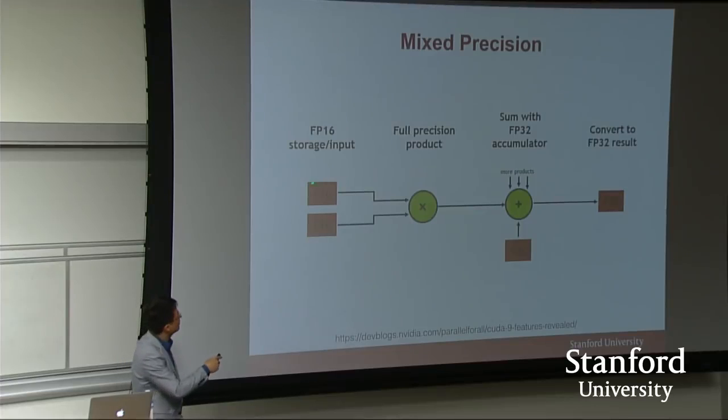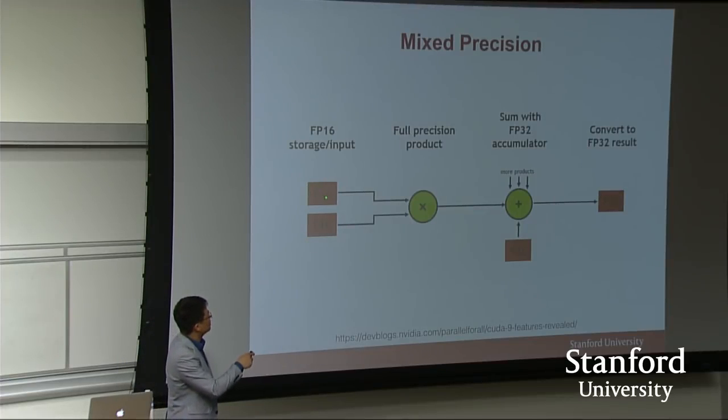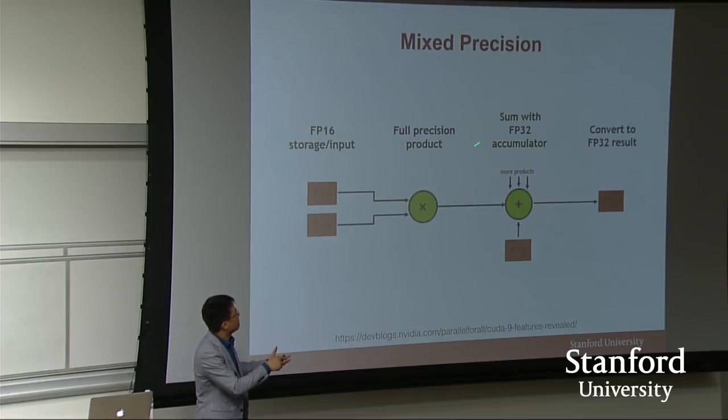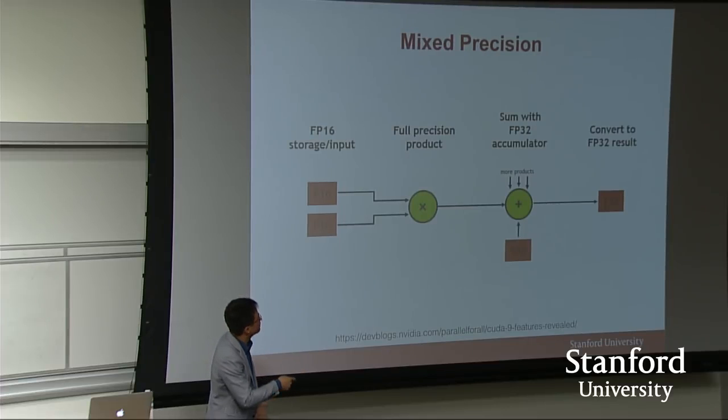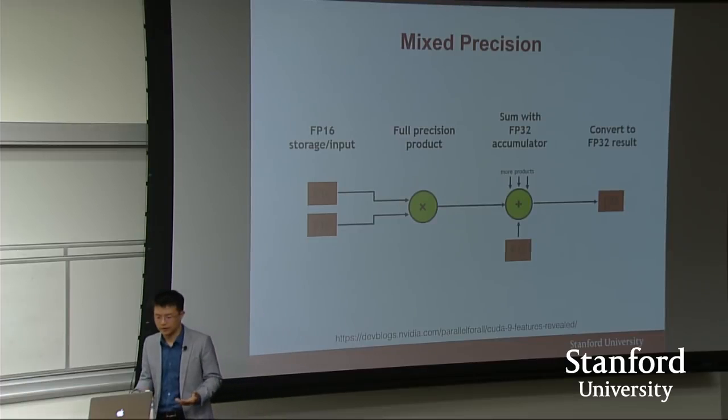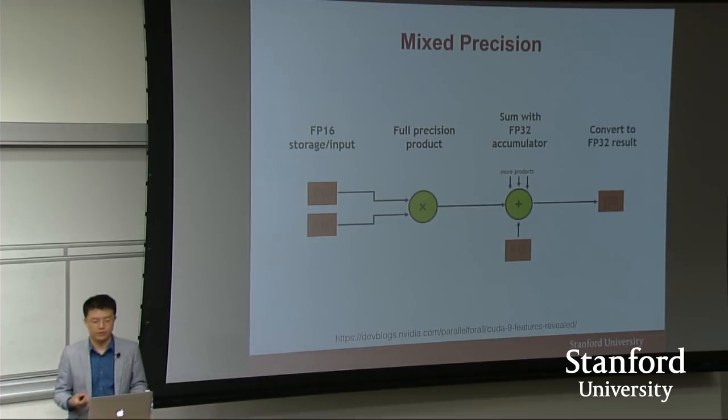By partially, I mean we need FP32 in some places. And where are those places? We can do the multiplication with 16-bit inputs. And then we have to do the summation in 32-bit accumulation, and then convert the result to 32-bit to store the weight. So that's where the mixed precision comes from.